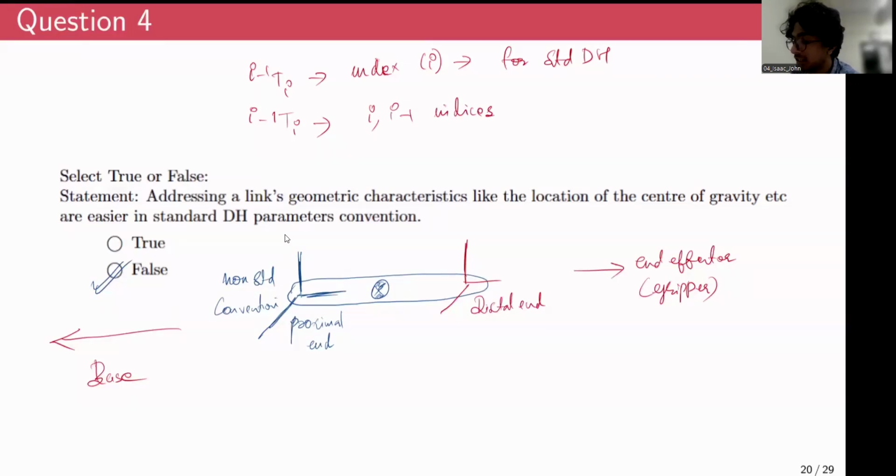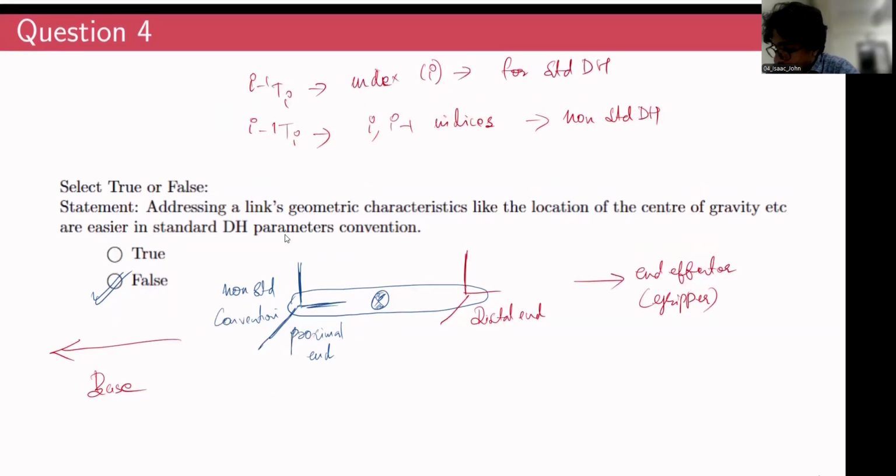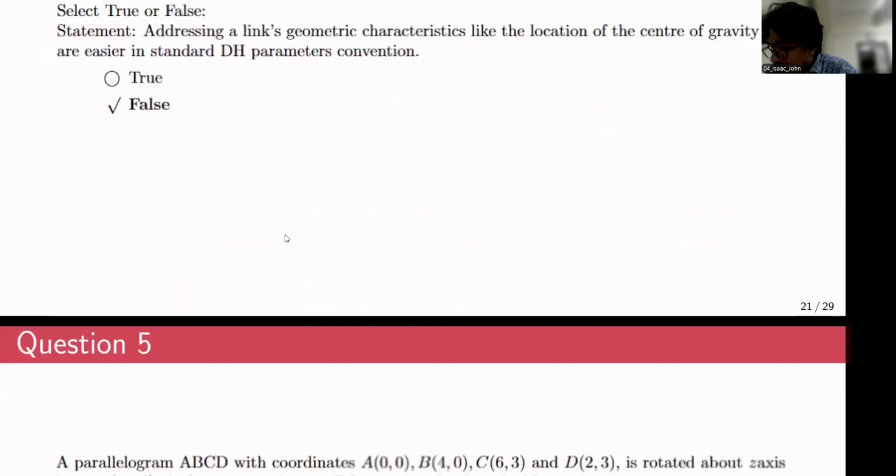Maybe this is the only difficulty we have with non-standard DH, but in every other situation, there are benefits of using the non-standard DH convention. Except for this confusion, that is only a confusion at the initial stages, but once you are used to the convention, it does not really matter if it has a mix of i and i minus 1 indices. It's not a problem at all. Right. Okay. So the answer is indeed false.